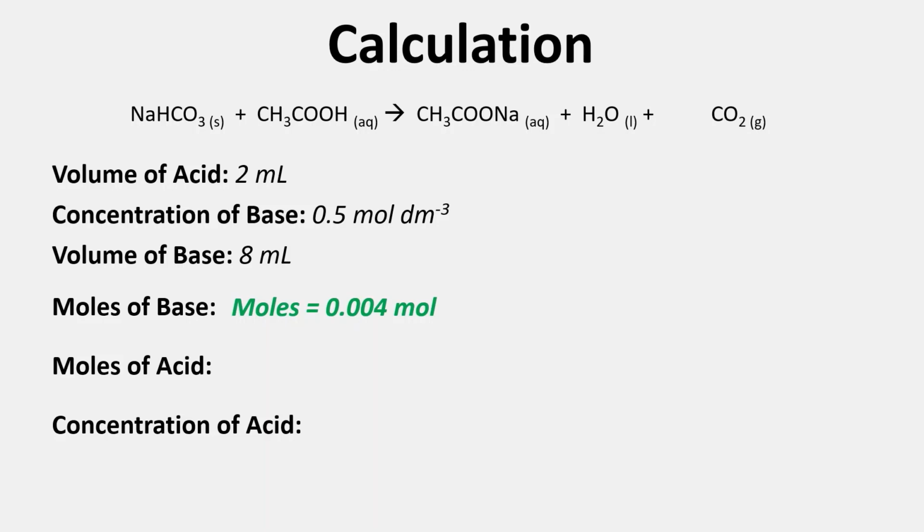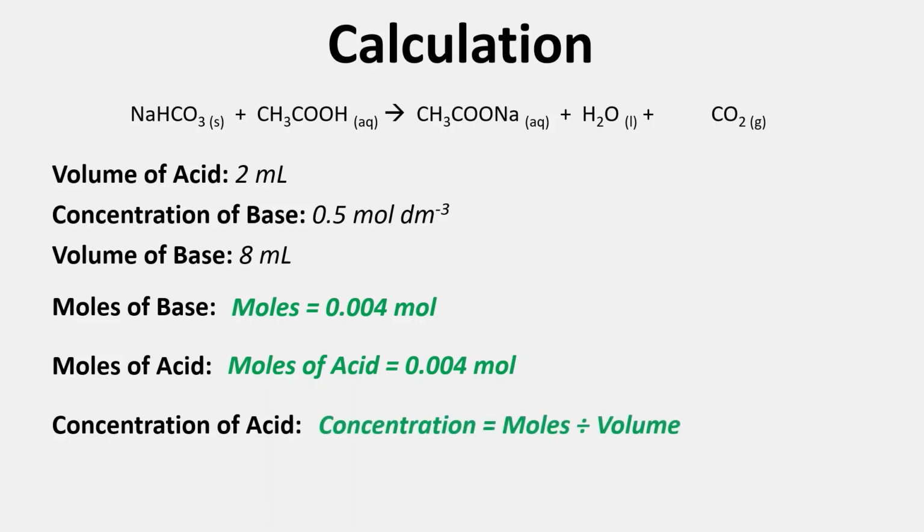Now what's very interesting here is in this particular equation, the moles of the acid are equal to 1 times the moles of the base, because it's a 1-to-1. So we can say the moles of the acid is 0.004 moles. That was super easy. And now we can calculate the concentration of the acid. And in fact we can use that thing we said before, moles divided by volume. Super easy. So we can take 0.004 moles, and we're going to have to remember, always change your volume to litres.